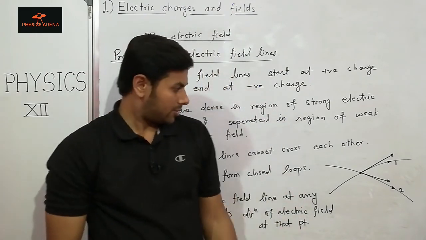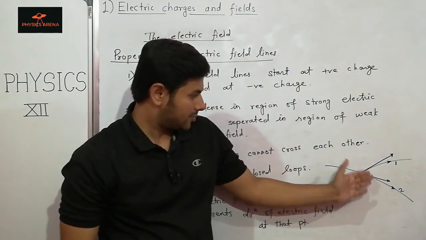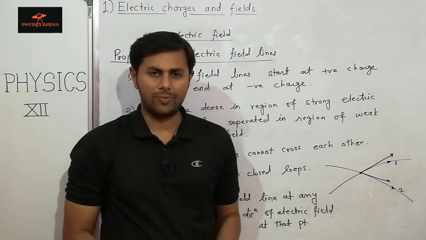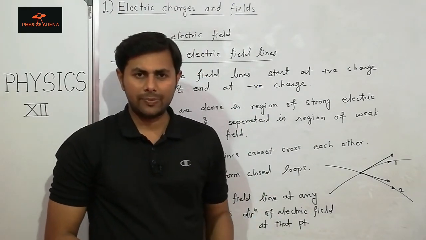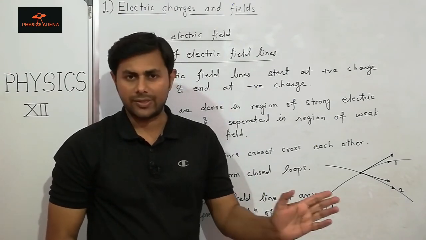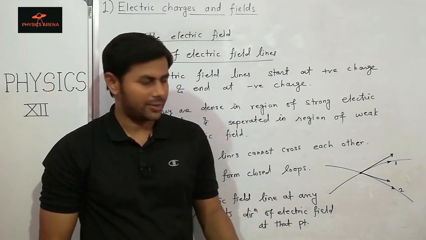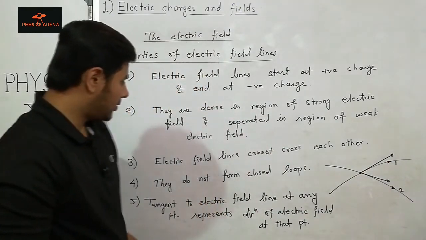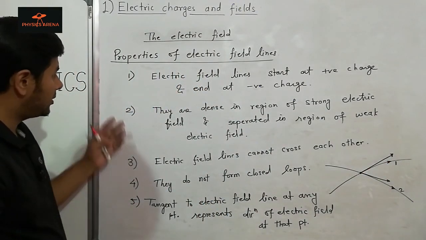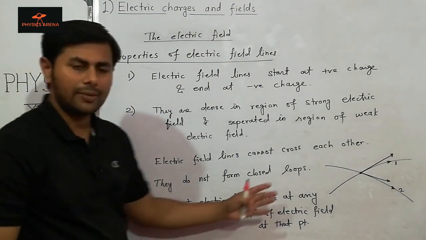Okay, so now we cannot have this case of crossing of electric field lines because the direction of electric field at any point will be fixed. It will be only one direction and not two directions like this. Okay, anyways, these are the properties of electric field lines.